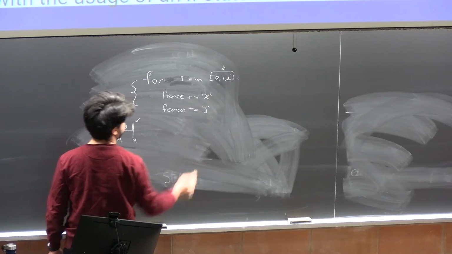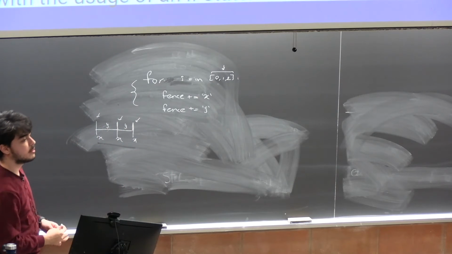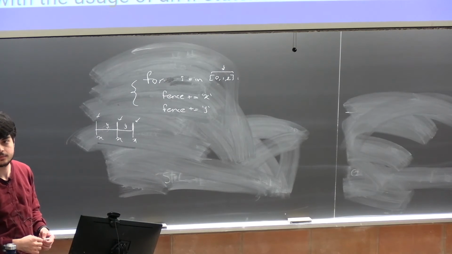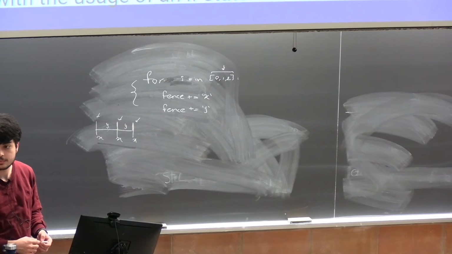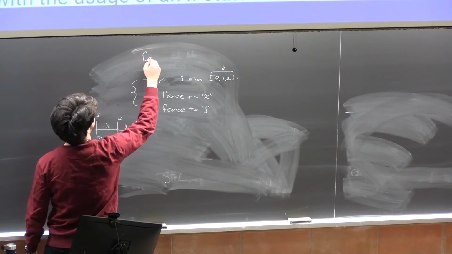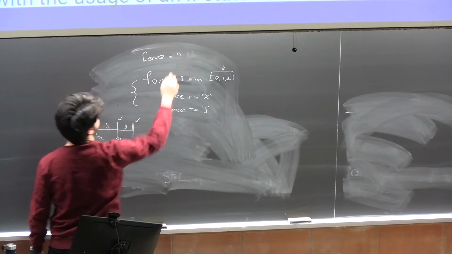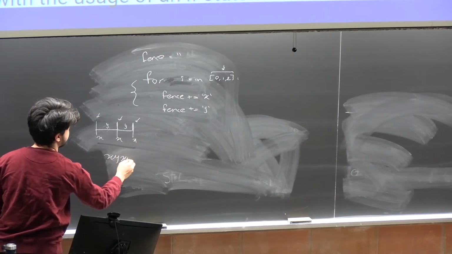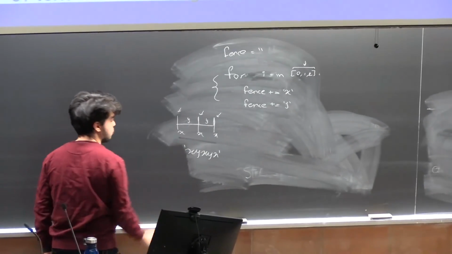Something like that. Now, what is the problem with this code? Of course, that's a problem. Fence is starting from an empty string. Okay, if our end goal is to get something like x, y, x, y, x, what is the problem?